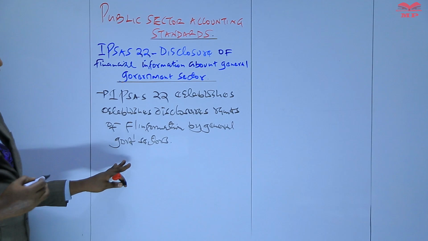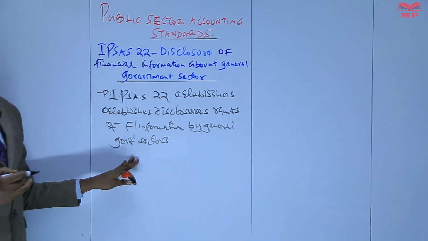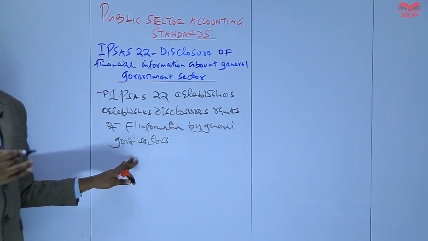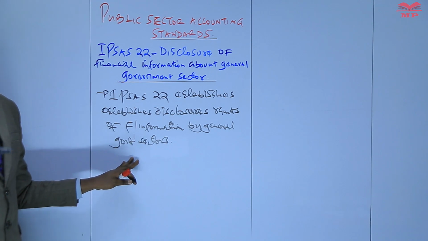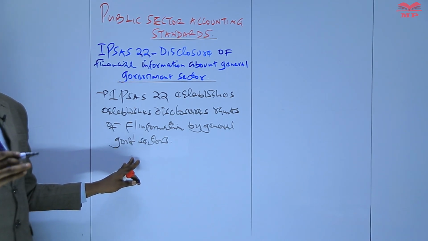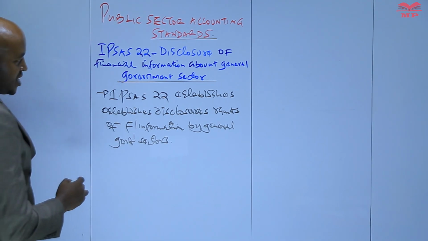And this particular information to be disclosed by the public sector entities is to enable the users of the financial statements prepared by such entities to assess their accountability, their financial performance, and also the financial position.